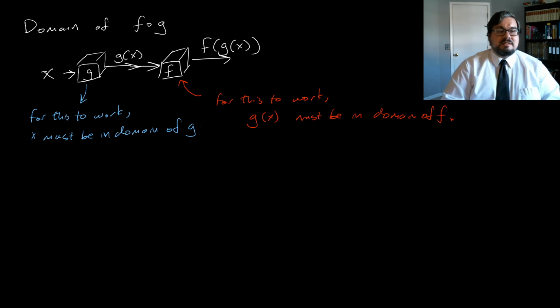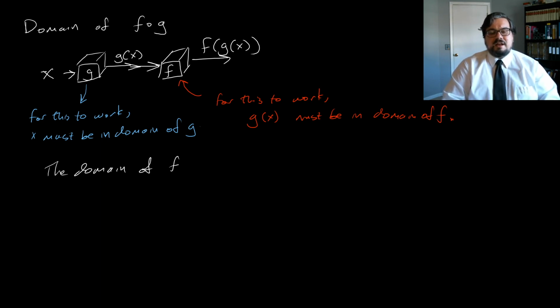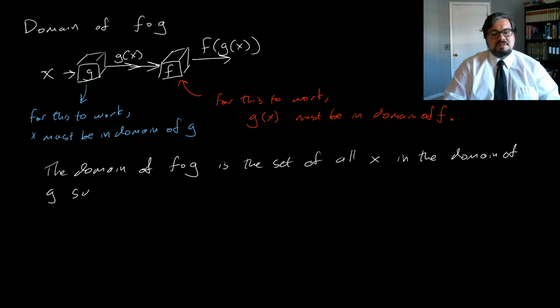And so this leads us to how we determine the domain of a composition. The domain of the composition f composed with g is the set of all x in the domain of g such that g of x is in the domain of f.